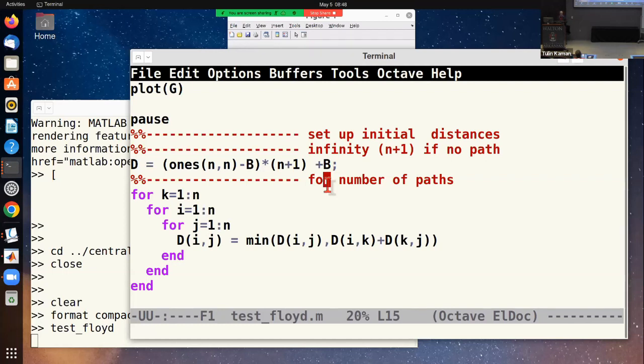Now D has been set. I'll go through these 3 loops in here, and that's Floyd's method. It simply assigns D of ij to the minimum of the current distance and the distance you get by going through K. Remember what we saw earlier with multiplying matrices?